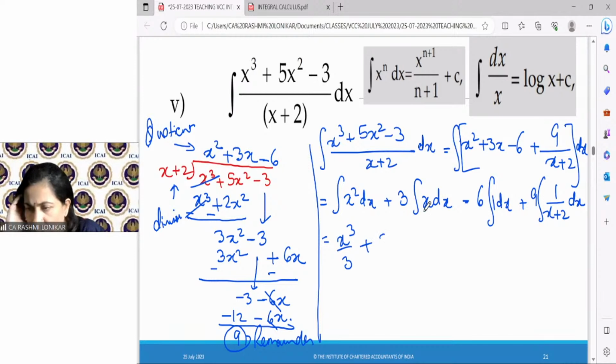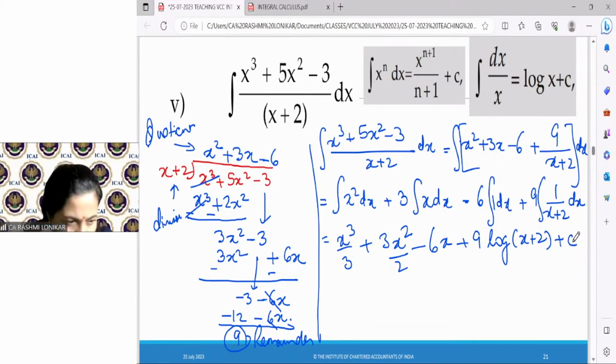This will be 3 into x square upon 2 minus 6 into integral 1 is x and plus 9 integral of 1 upon x plus 2 is equal to log of x plus 2 plus c. This is correct. x cube upon 3 plus 3x square upon 2 minus 6x plus, yes. Okay.